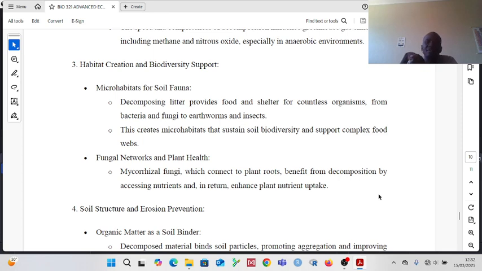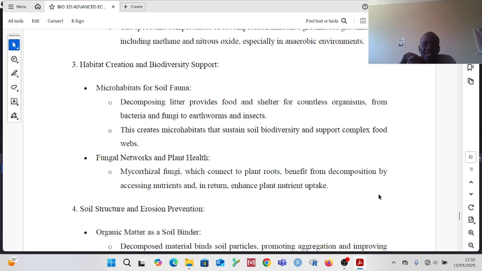So the decomposition of litter will provide food and shelter for countless organisms. So bacteria, fungi, earthworms, and insects. When litter is decomposed, is not only producing food, but it's also producing shelter for them to live. Okay. So it means then decomposition is creating microhabitats.